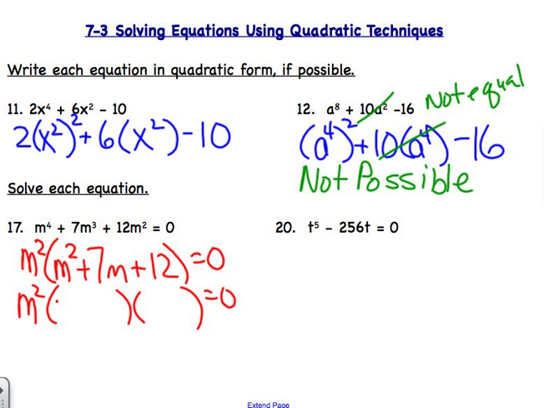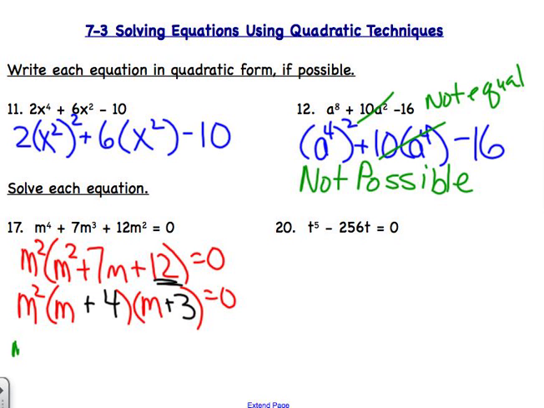M squared is derived from m times m. The factors of 12 that add up to 7 are 4 and 3. And to get a positive 7, both signs must be positive.